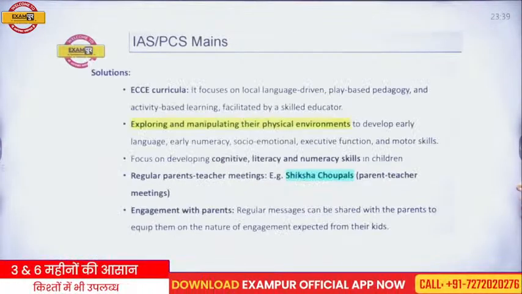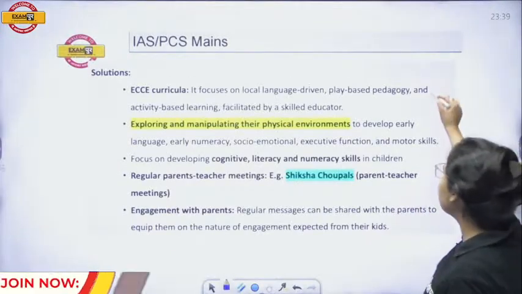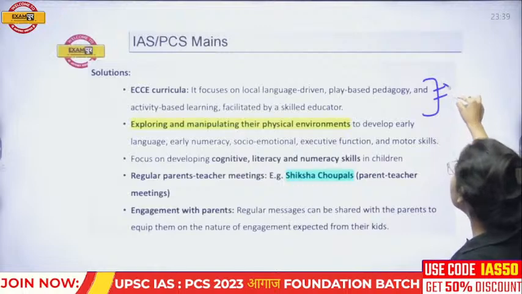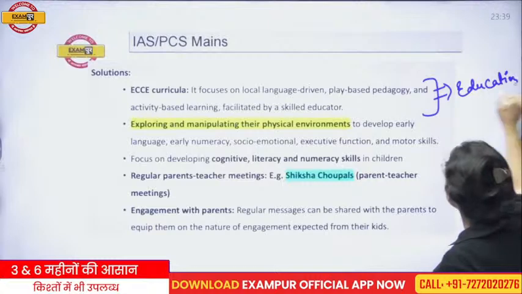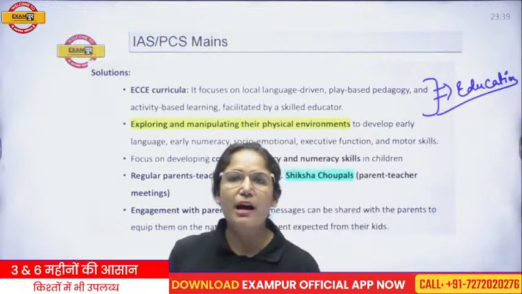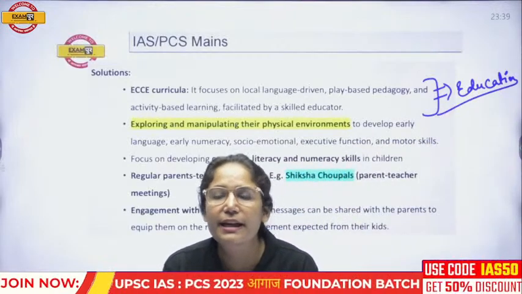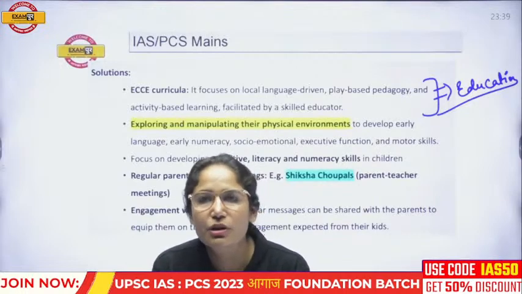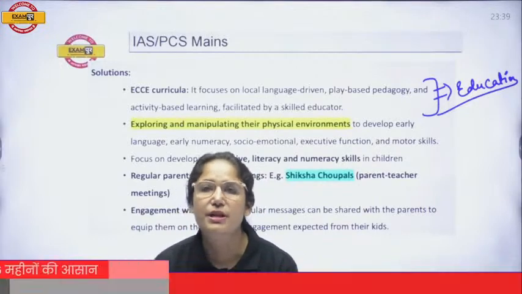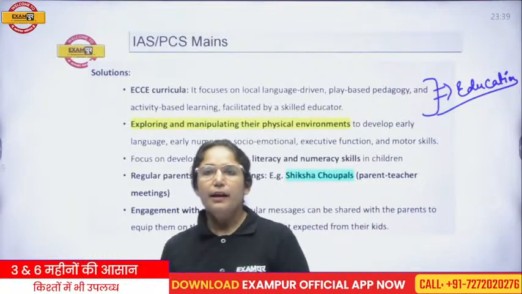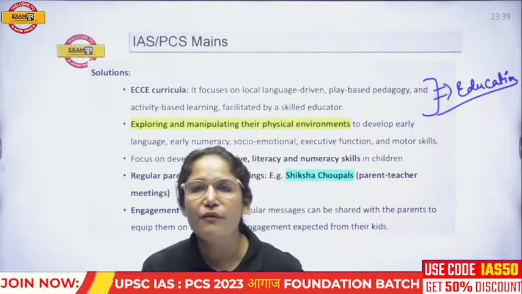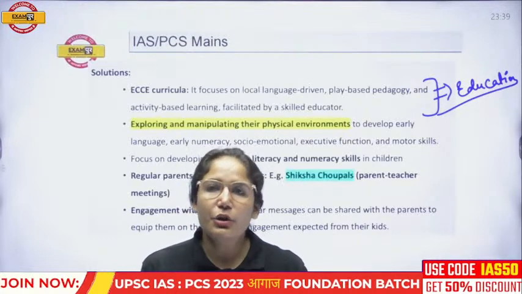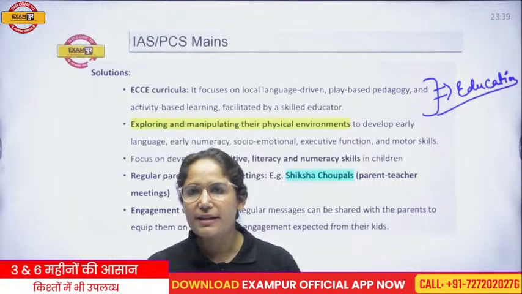Next, the solution: curriculum is all about language-driven pedagogy activities. Basically, we are focusing on the education scenario in order to develop the social parameters. Social parameters accompanying health, not only health, but the education scenario and resources, how many resources they are holding. And if they are fully equipped, like in the form of food, whether it is highly nutritious to provide capacity.